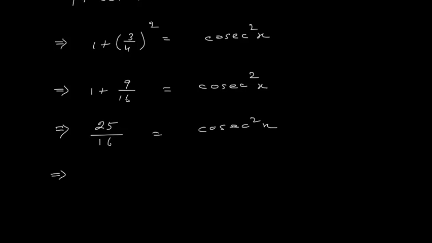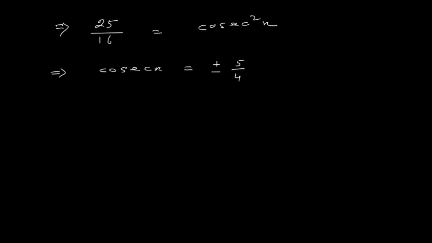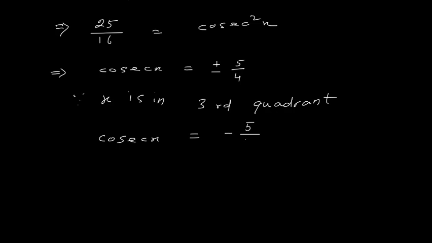This implies cosec x is equal to plus or minus 5 upon 4. Now as the angle is in the third quadrant, we have cosec x is equal to minus 5 upon 4.